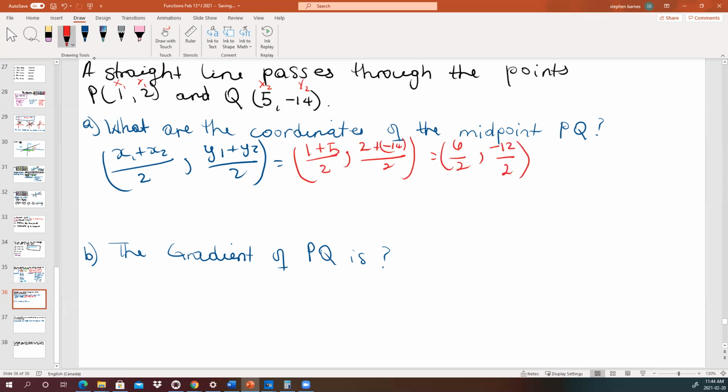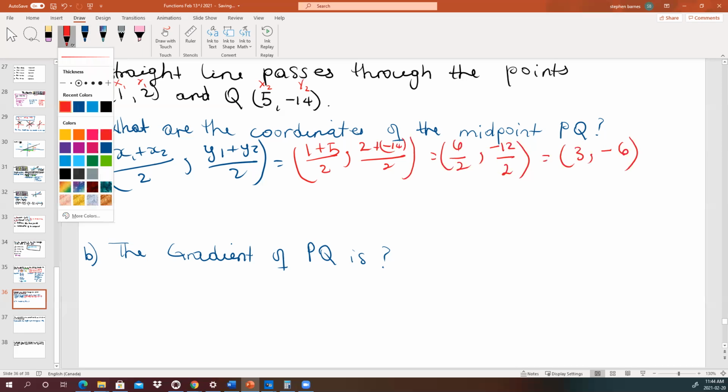Both of these can be broken down further. So 6 over 2 is 3. And negative 12 over 2 gives you negative 6. So that would be the coordinates for our midpoint. Everyone following? Questions?